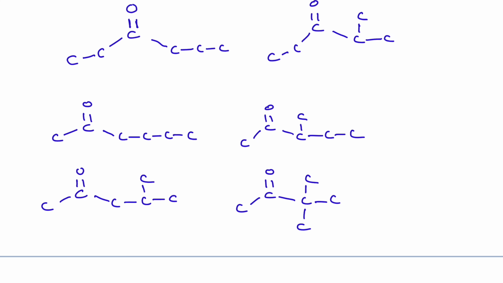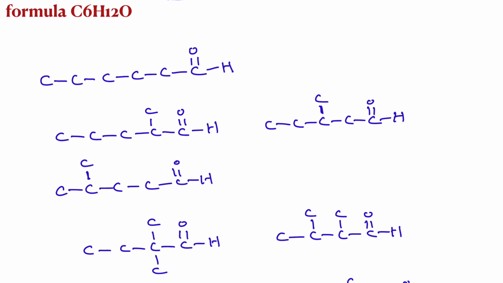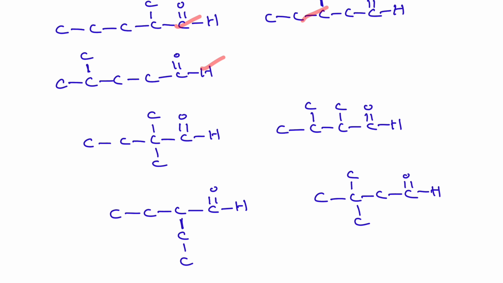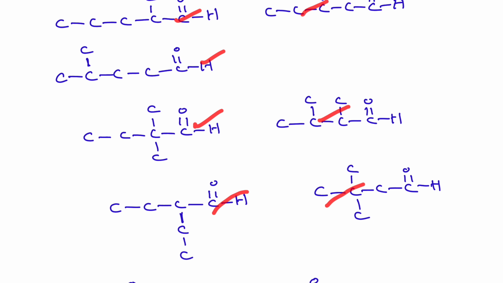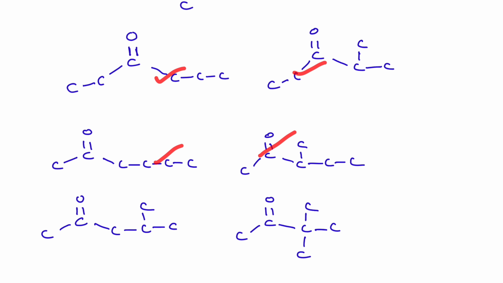If you learn the butyl groups, it will be very easy to identify. So these are the possible isomers of C6H12O: 1, 2, 3, 4, 5, 6, 7, 8 aldehydes, 1, 2, 3, 4, 5, 6 ketones. So these are the possible isomers of the given molecular formula.